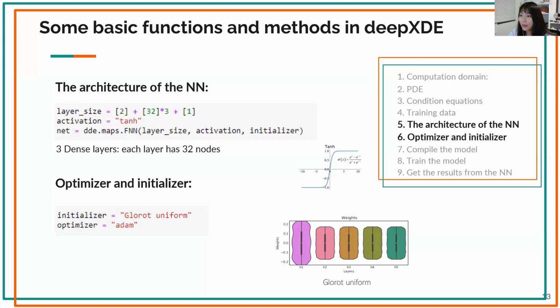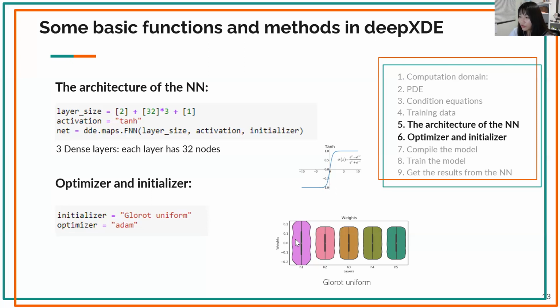After that, I combine that information in my neural network. And I also define my optimizer and initializer. I define my initializer as Glorot uniform. Glorot uniform is a uniform distribution for my weights and for my biases, every parameter in the net.